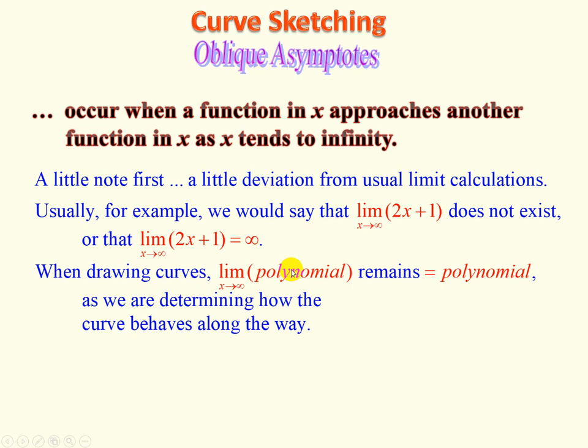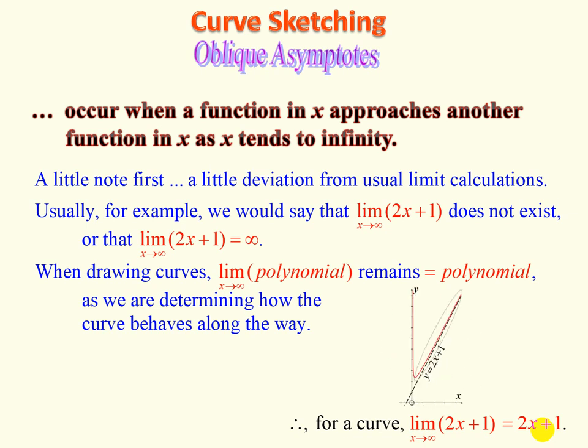So in fact, the limit of a polynomial as x tends to infinity is the polynomial. So therefore, where the original said does not exist or equals infinity, here we say the limit of 2x plus 1 as x tends to infinity is 2x plus 1. And here's a picture of it.